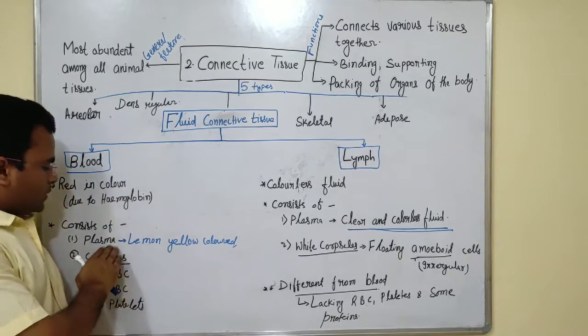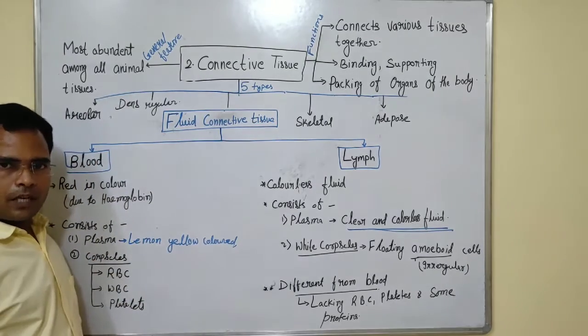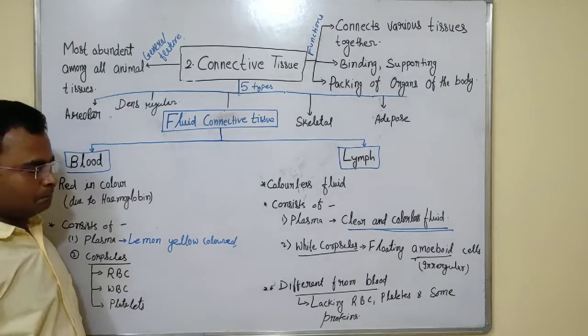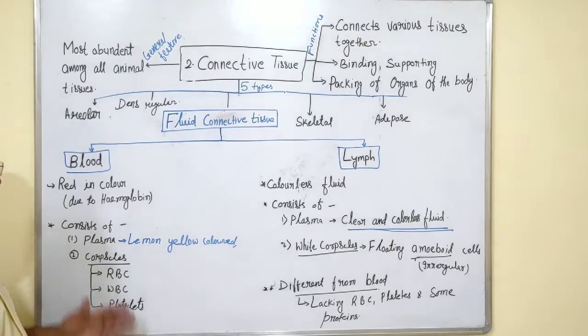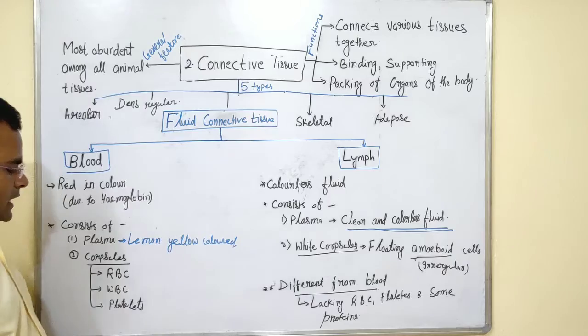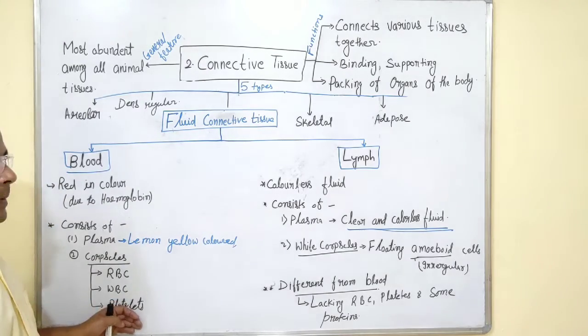In this plasma a lot of different proteins are present, but in the lymph some are lacking. As far as the corpuscle parts are concerned, the RBC, WBC and platelets are the cellular part.